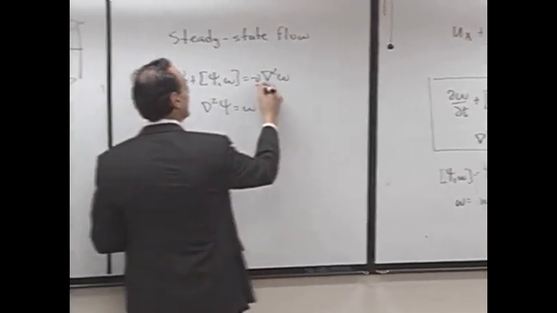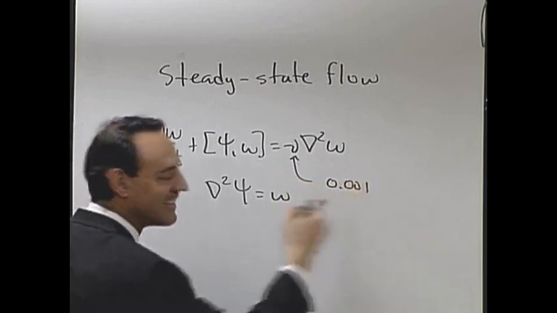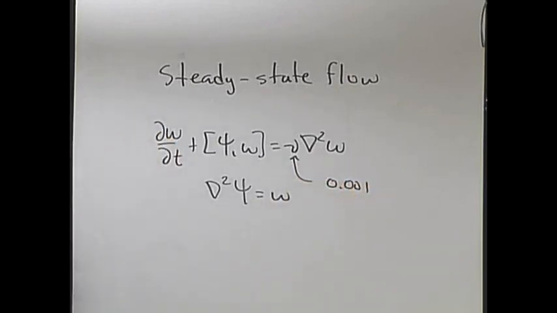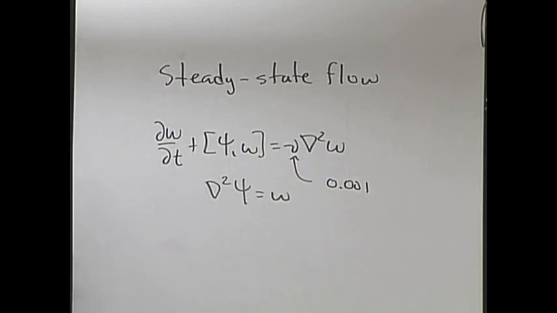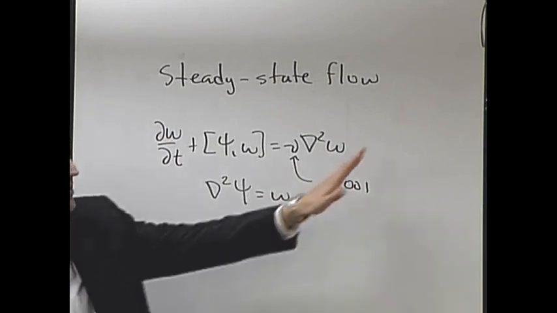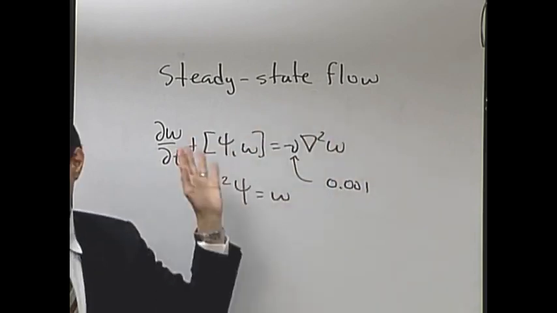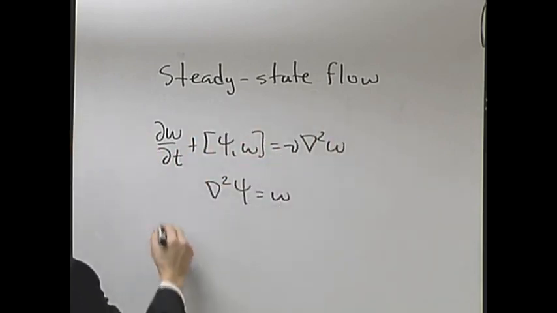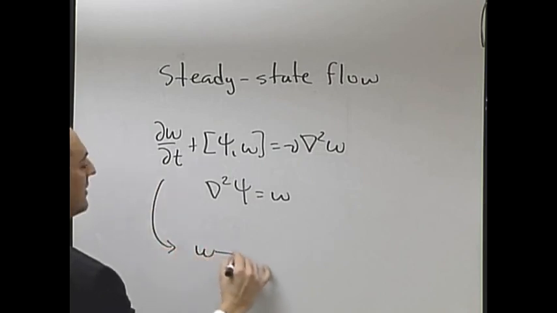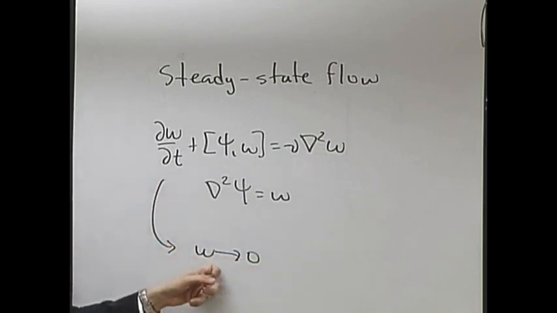This is why we picked this parameter to be like that. Okay? Because this diffusion term kills everything. And at least in this system, we don't have any forcing. Forcing could add energy back in the system, but we don't have that. So eventually, steady state flow means vorticity is going to go to 0.